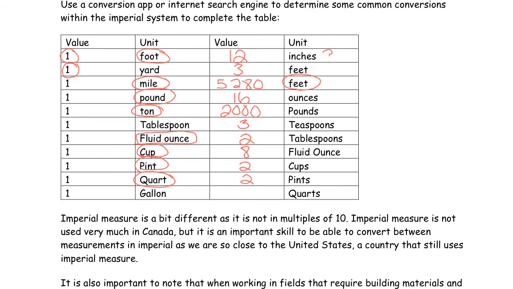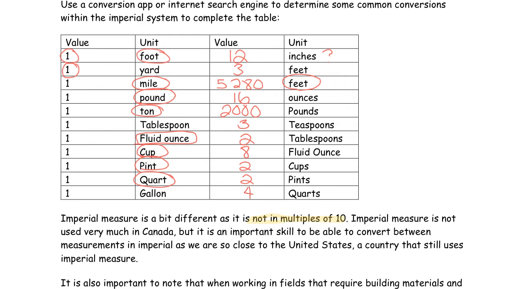And then 1 gallon is equal to 4 quarts. So again, we can Google all of these conversions and look them up. But what we want to be able to do, knowing these basic conversions between these units, is answer some other questions.